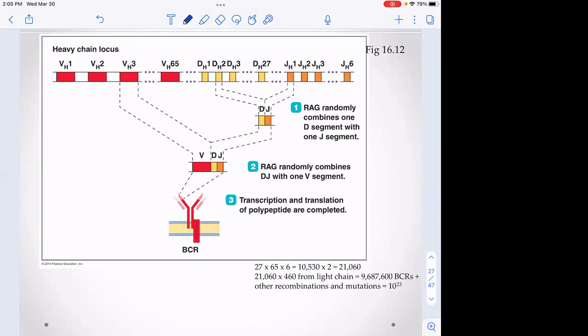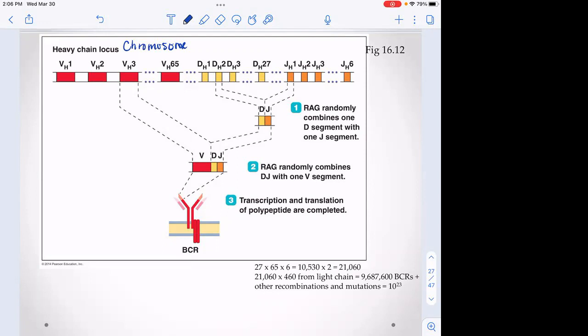The idea, which is from your book if you want to read more, is that the parts on the chromosome that encode for B cell receptors are kind of like a deck of cards. You get 3 different cards out, and that makes your B cell receptor. Shuffle the deck, get 3 other cards. There's your B cell receptor.